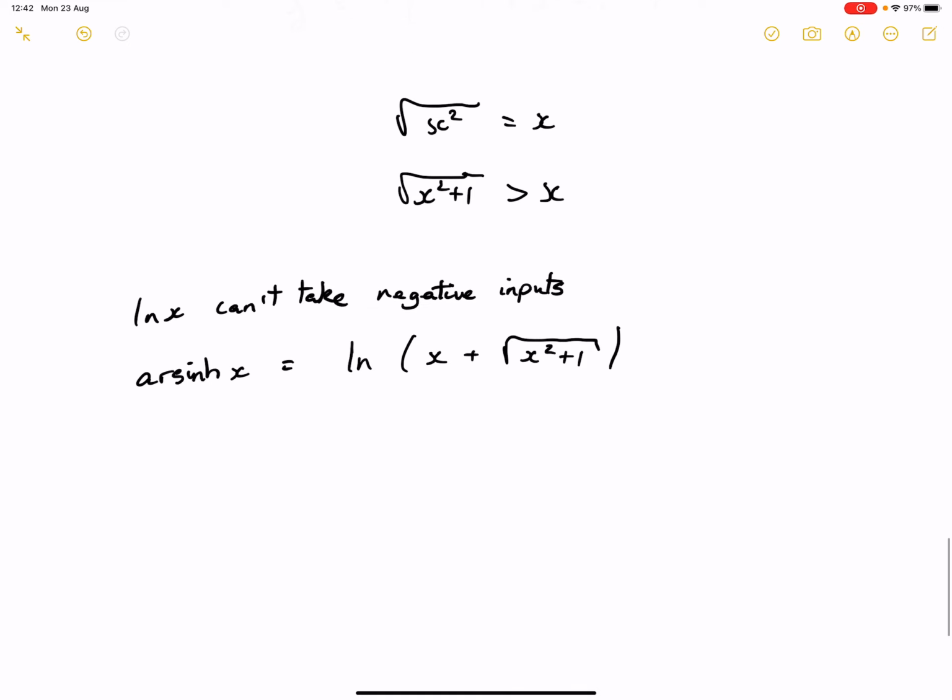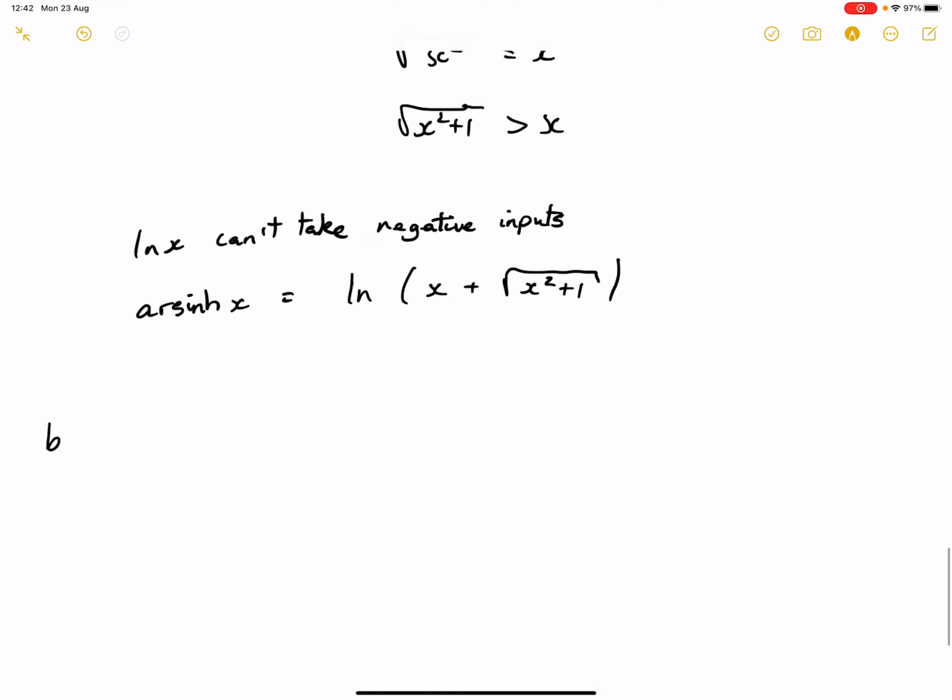Right, that's part A. Part B is solve ln of x plus the square root of x squared plus 1 equals 3. See, he even gives it to you in the next part of the question.